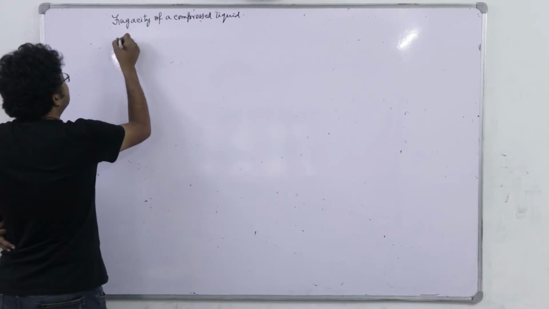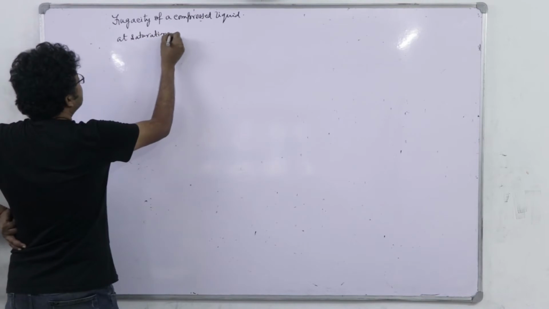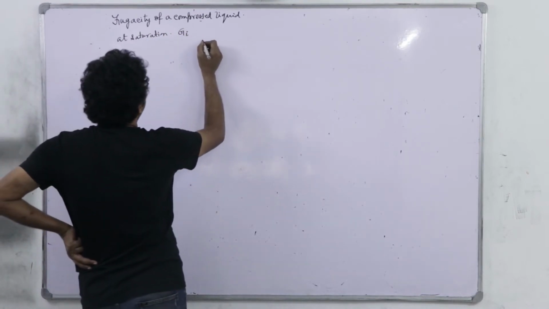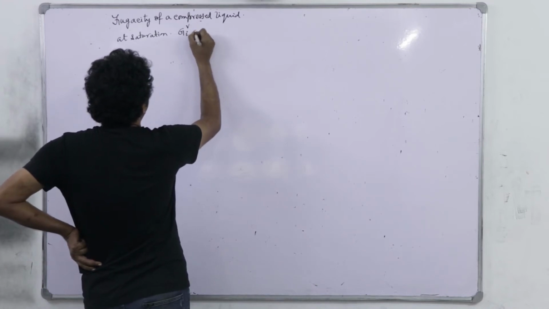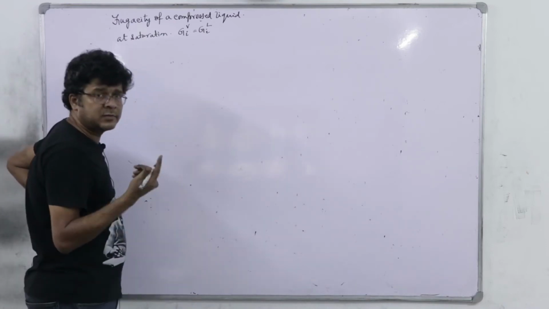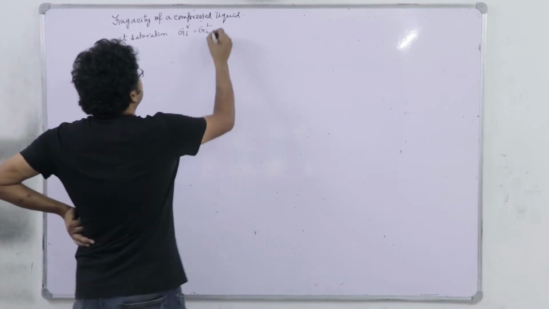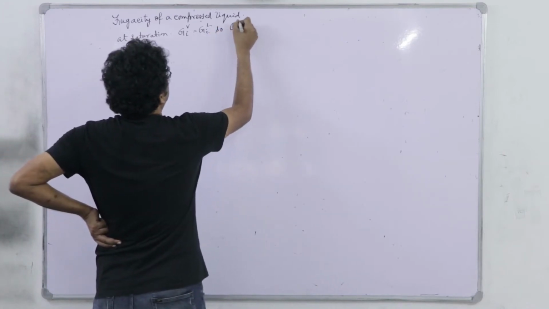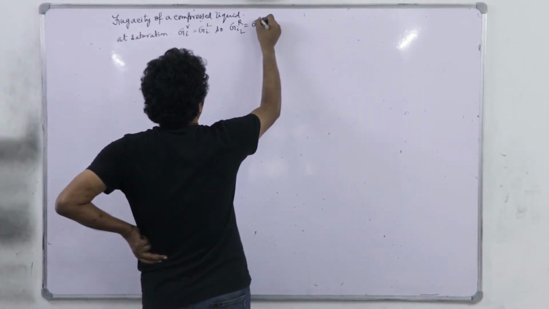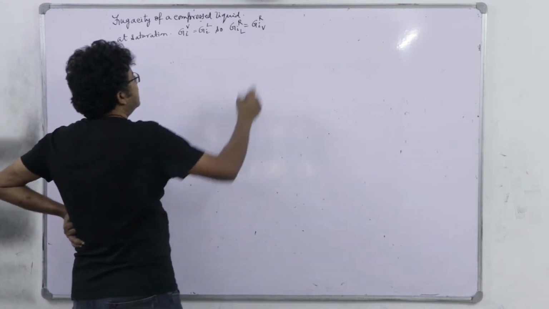Now you see at saturation, Gi V is equal to Gi L, right, at saturation, because just as we have studied, at phase change there is no change of Gibbs energy. So Gi R L equal to Gi R V, right, and we call it Gi R sat.